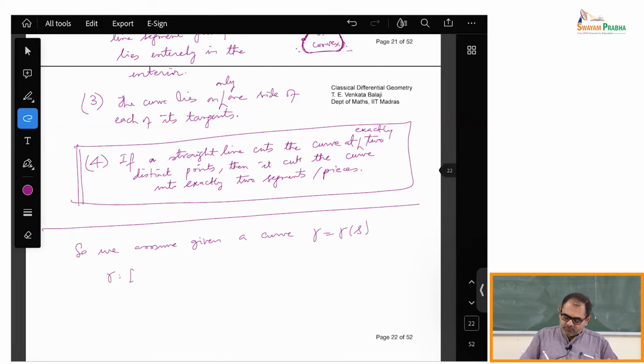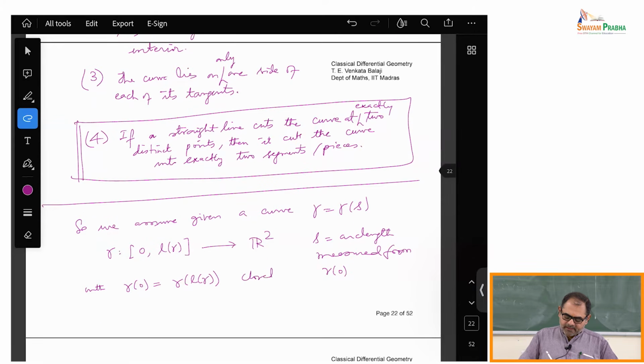So gamma is from 0 to L of gamma into R2, where s is the arc length measured from gamma of 0. Of course, it's a simple closed curve, so gamma 0 is gamma of L of gamma.